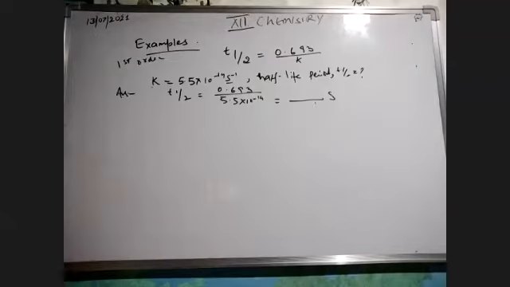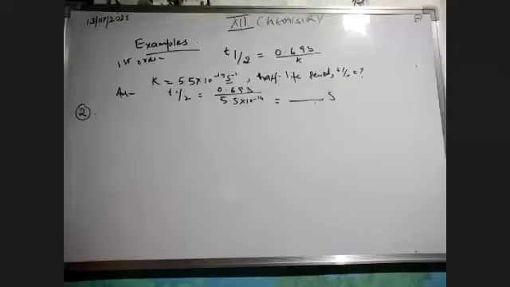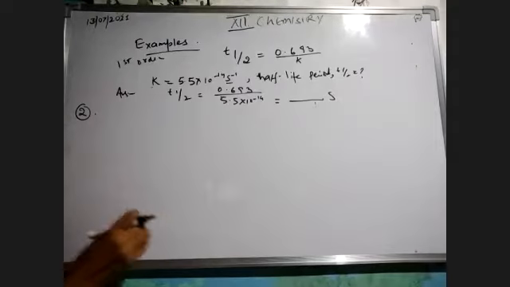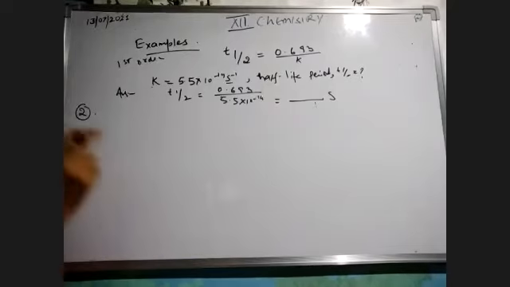Let's have another question that's very important, and you must keep it in your mind, because these types of questions will definitely, 110%, come in your board exam as well as competitive exams. Okay, let's have a look.